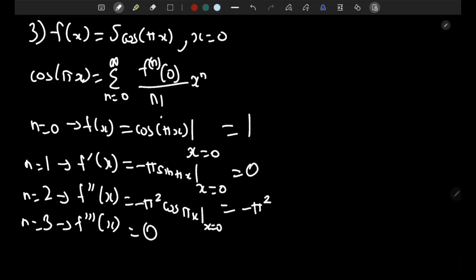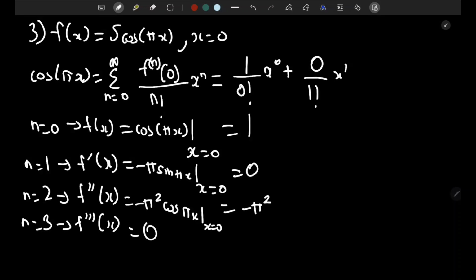So now let's start writing it. So we have the first one, which is 1 over 0 factorial multiplied by x to the power 0, plus we have 0 over 1 factorial multiplied by x to the power 1.